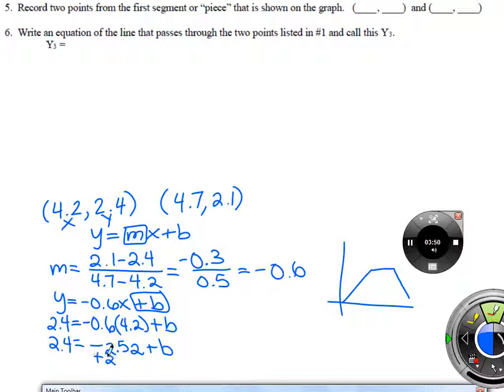And then I'm going to add 2.52 to both sides of the equation and determine that b is equal to 4.92. So my final equation for this portion should be that y is equal to negative 0.6x plus 4.92.